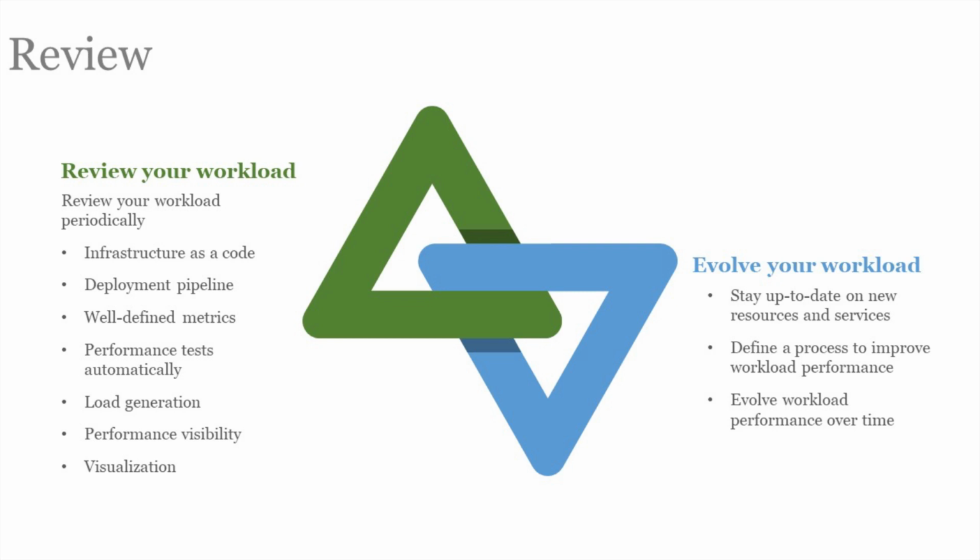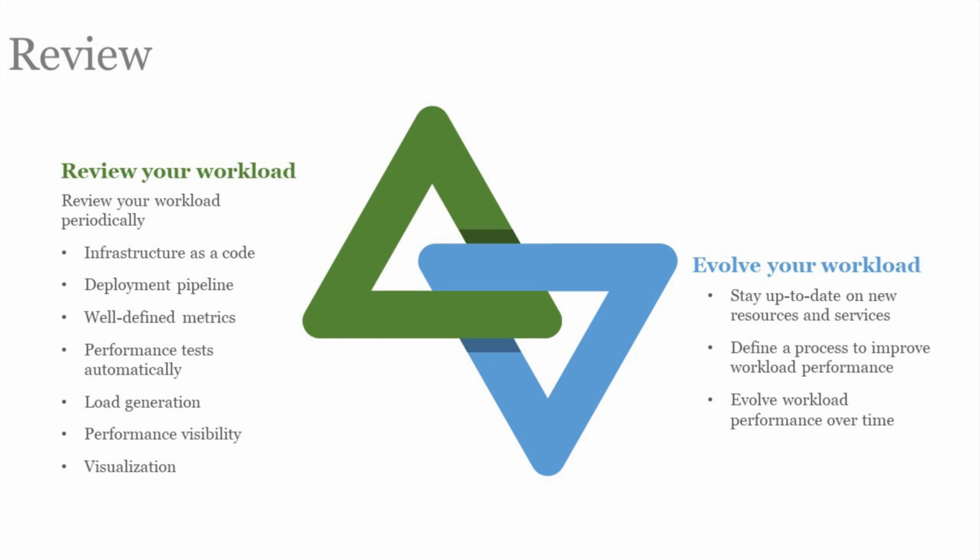2. Evolve your workload. AWS continuously innovates to meet customer needs, and you should take advantage of that to evolve your workload. Stay up to date on new resources and services. As new services, features, and design patterns are released, you should identify ways to implement them. Define a process to improve workload performance.